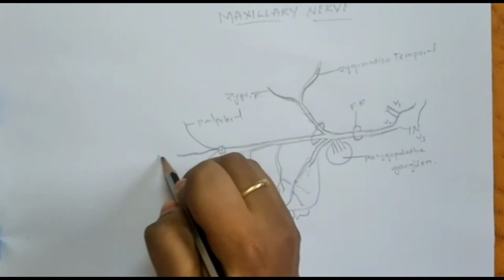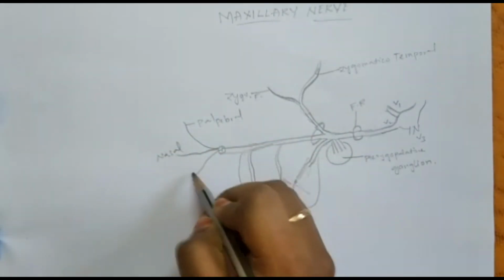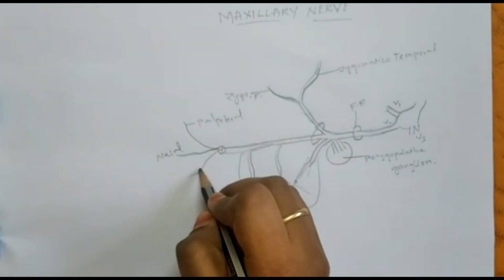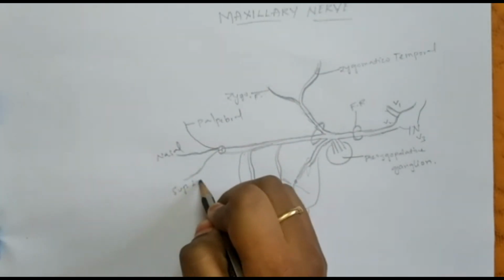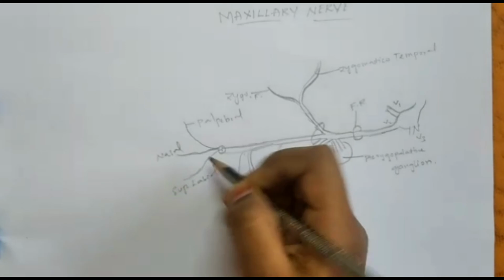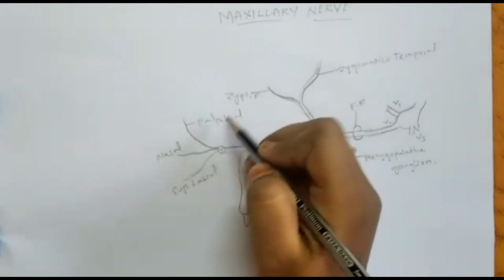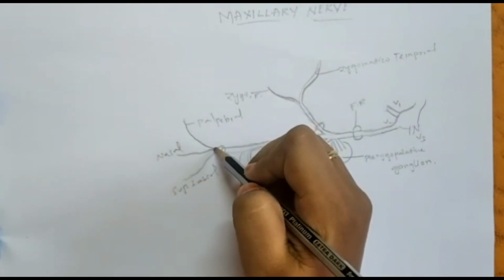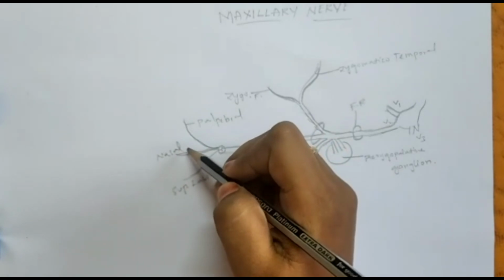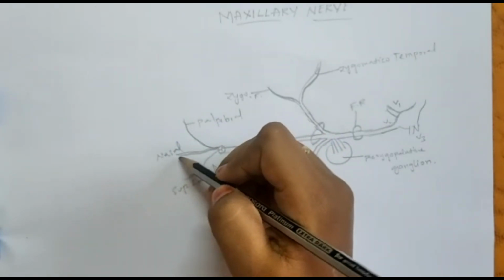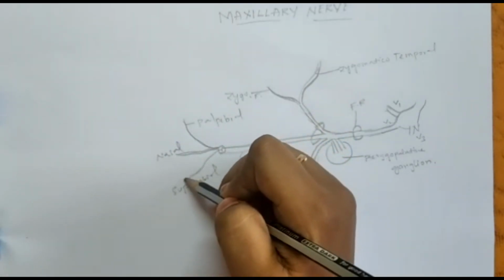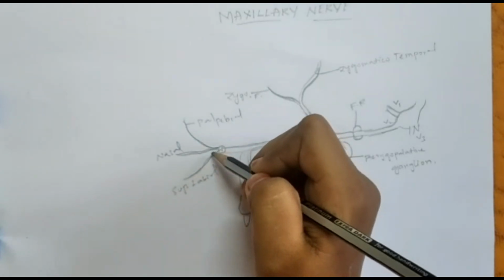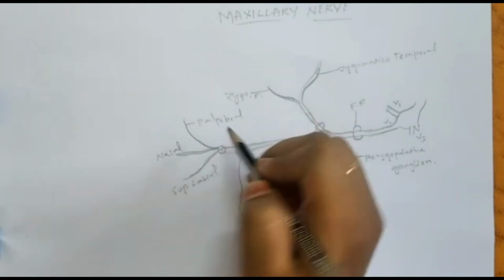This is the nasal and superior labial branches. The palpebral branch supplies the under eye part, the nasal branch supplies the lateral aspect of the nose or the septum, and the superior labial supplies the skin over the upper lip and cheek.